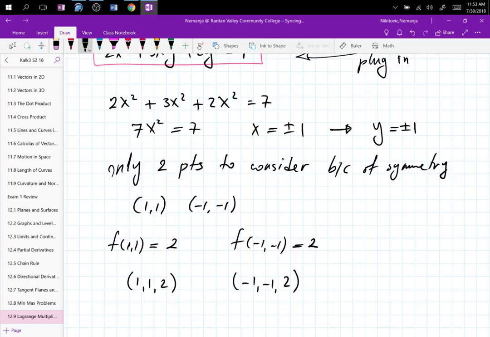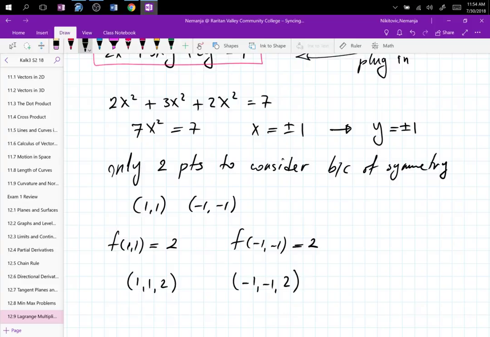So, guys, you cannot just pick any x and y. You have to pick x and y that are on g, because that's your constraint. All of your points of input for f have to be on g. Because, one more time with a spray bottle, f is the spray bottle. G is the black line. Observe that the black line is on the spray bottle. So g is on f.